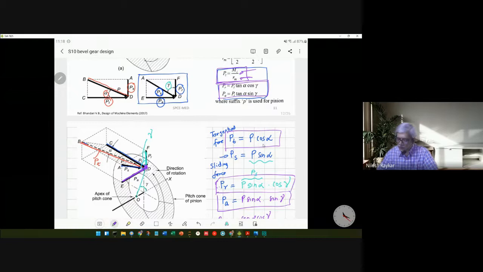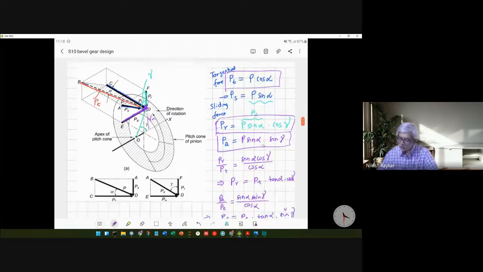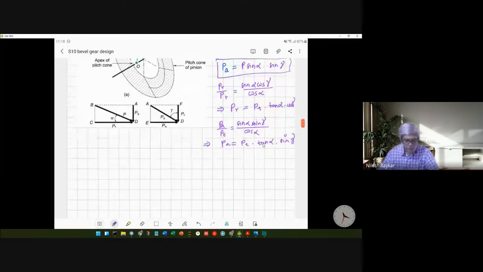So the radius at this particular location is Rm. So that Rm also needs to be calculated. So Rm can be calculated in terms of the dimensions.